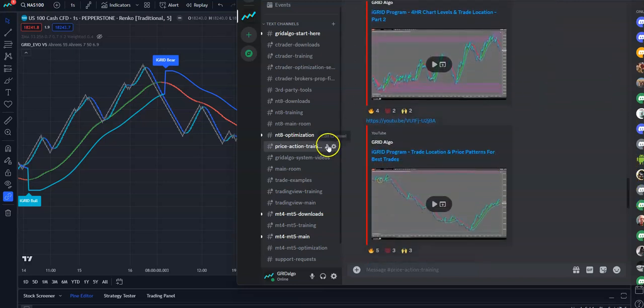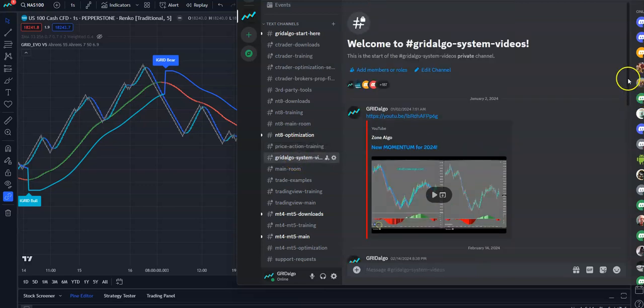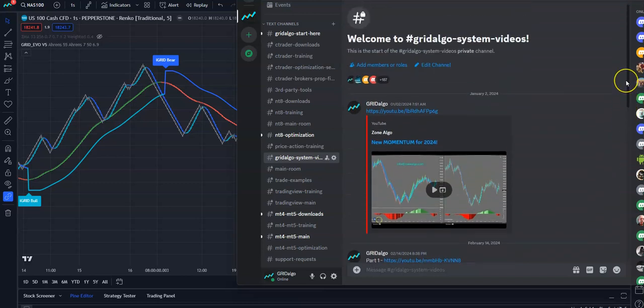Martingale should actually be called Martin Fail. Eventually it blows up on you. And a Grid Algo system room, where I talk about the dynamics of grid trading. But we have TradingView rooms, MT4, MT5 rooms, optimization rooms, trade examples, and on and on and on. I don't want to go into the other rooms, because I want to keep people's usernames private. I'm always sensitive to that. But that's all part of the program.